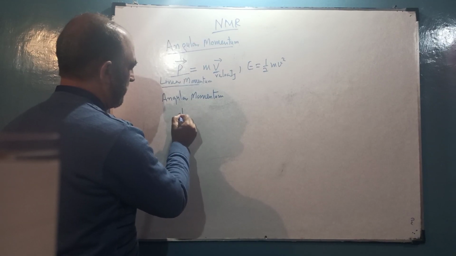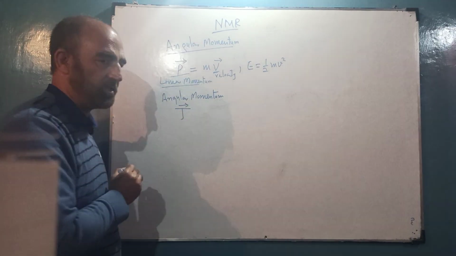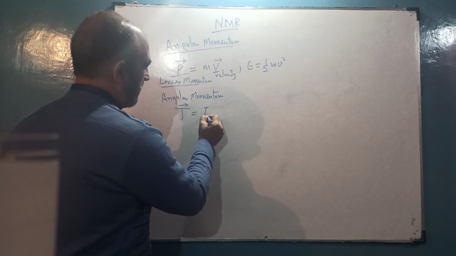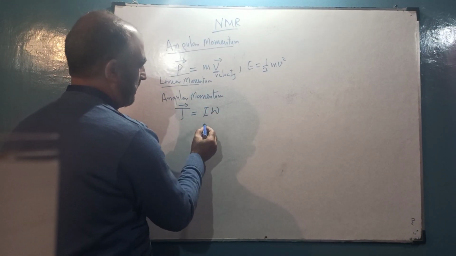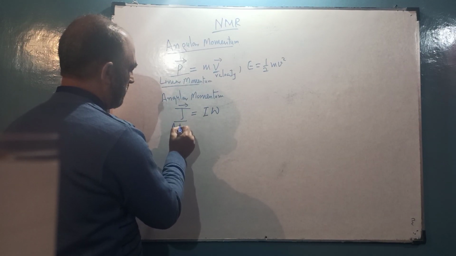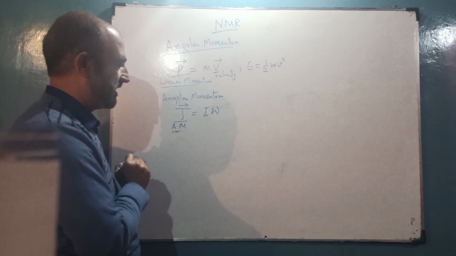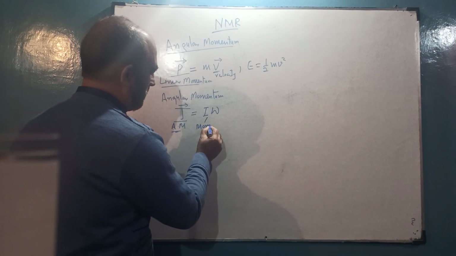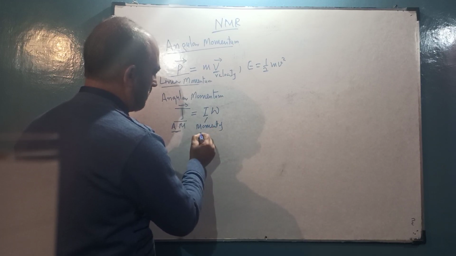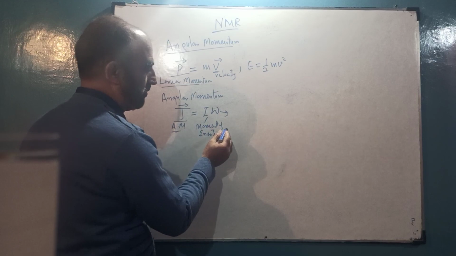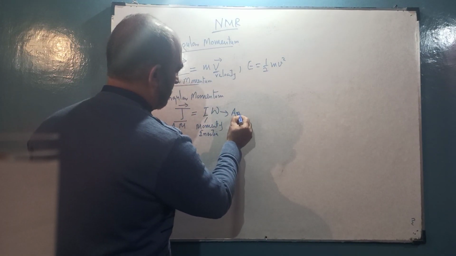If I represent angular momentum with J, it is given in classical terms as I omega, where J is the angular momentum, I is the moment of inertia, and omega is the angular velocity.